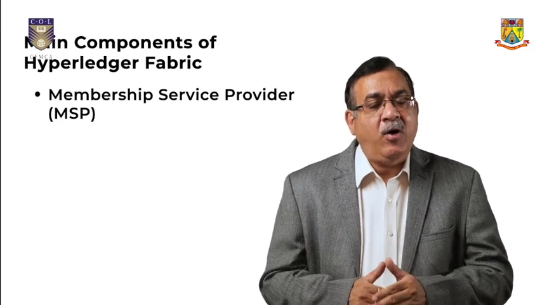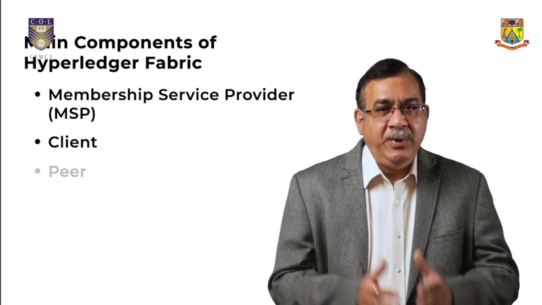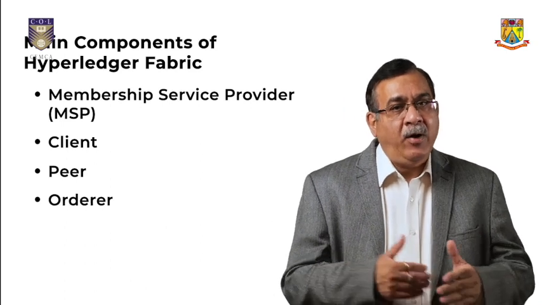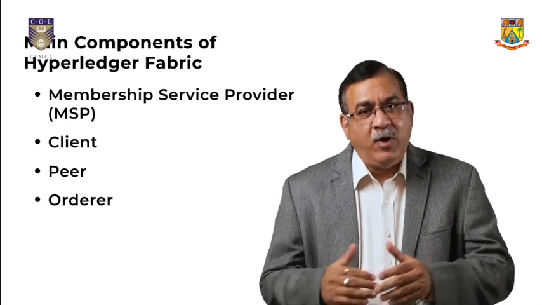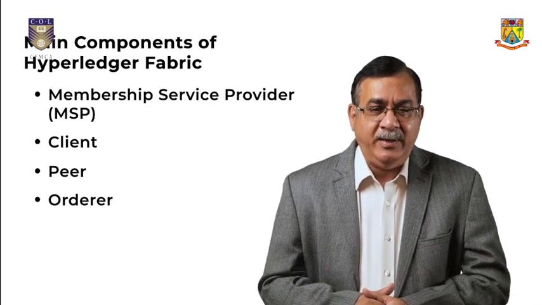Fabric comprises the following main components: a membership service provider, or MSP for short, client, peer, and an orderer. So what is the membership service provider, or as we call it, MSP?